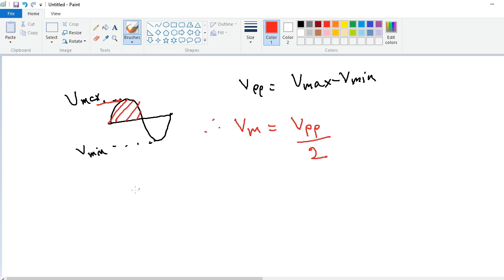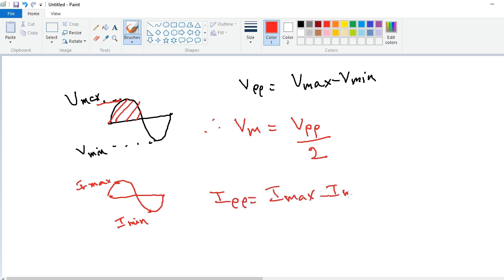Okay. Similarly for current also. This is current, for example. So this is equal to I maximum, this value. This is I minimum. So I peak to peak is equal to I maximum minus I minimum.